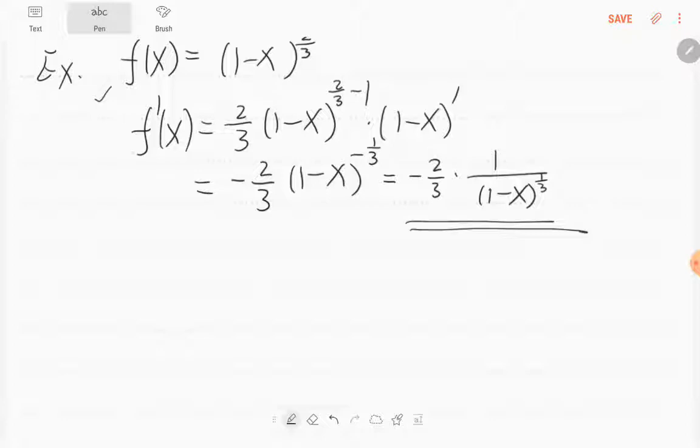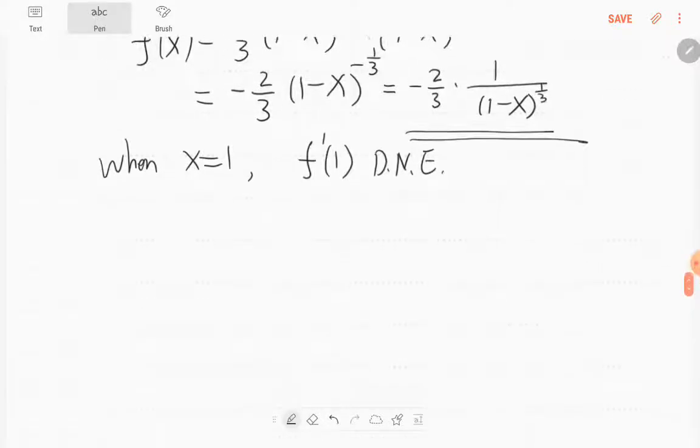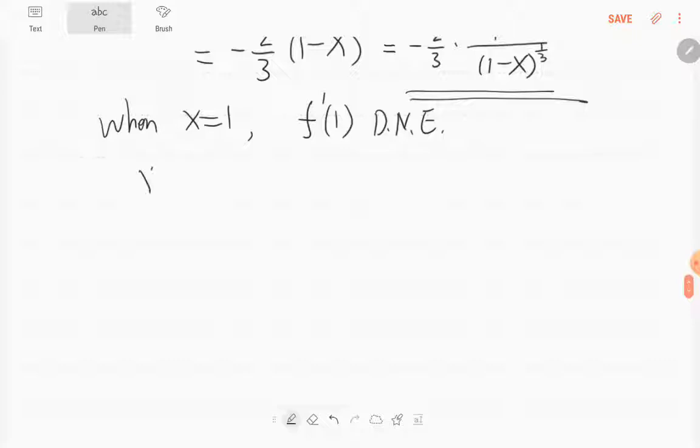So that means when x equals 1, the derivative at 1 does not exist. This is also a part of the definition of the critical points. So we can conclude that x equals 1 is a critical value.